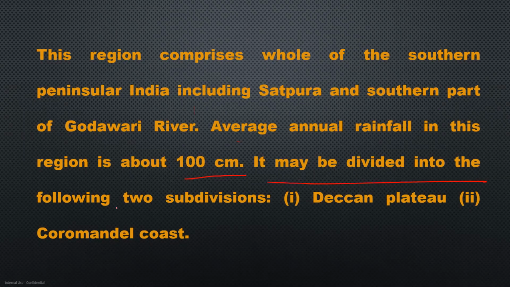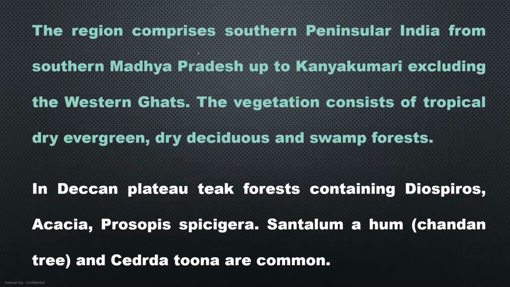It may be divided into the following subdivisions: the Deccan Plateau and the Coromandel Coast. Right? This region comprises southern peninsular India from Madhya Pradesh up to Kanyakumari, excluding the Western Ghats. Okay, because Western Ghat is generally studied separately. It is so diverse and varied.